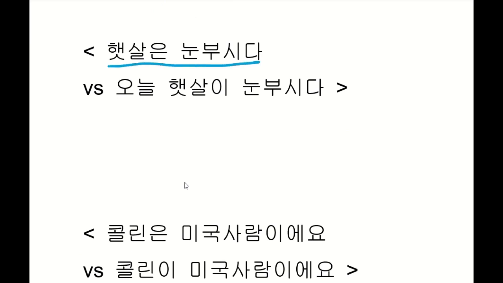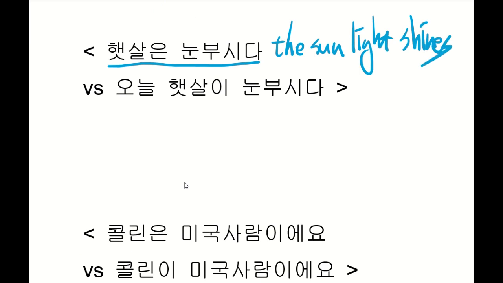햇살은 눈부시다. The sunlight shines. So the sunlight normally shines. It's a general fact about 햇살, the sunlight. But then if you say 오늘 햇살이 눈부시다, it's particular.